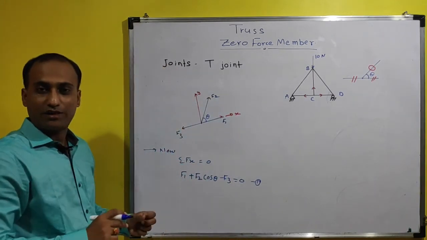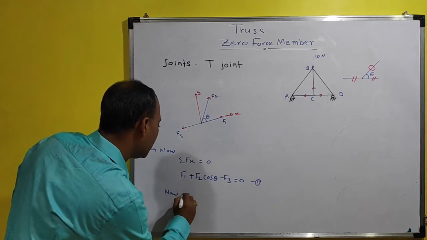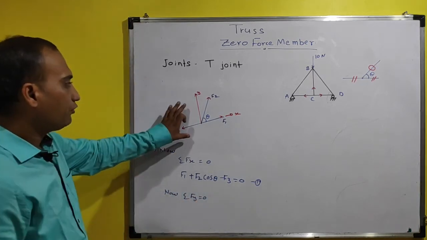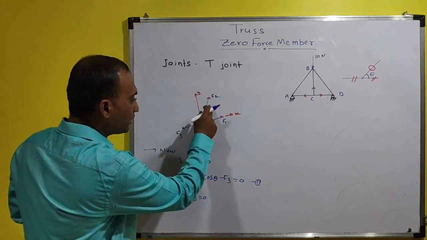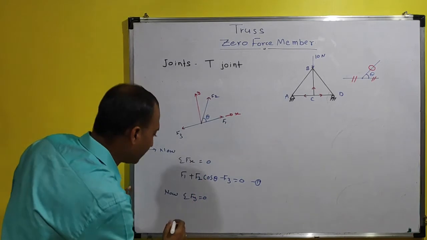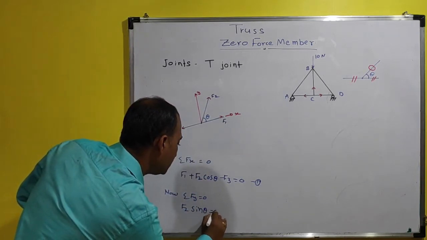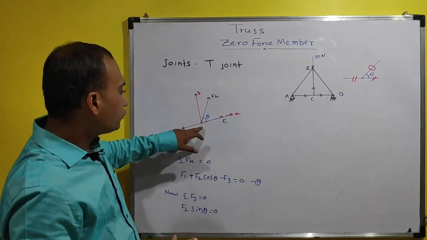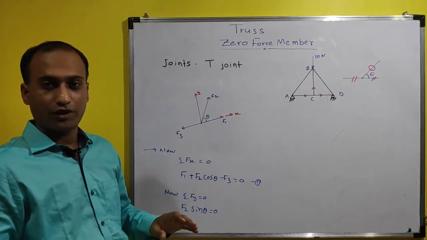Now apply the second equation of equilibrium. Summation Fy is equal to 0. When you take the summation Fy equal to 0, what will be the equation? F2 sin theta is equal to 0. By looking at the figure, this is the angle theta and this is the force F2.